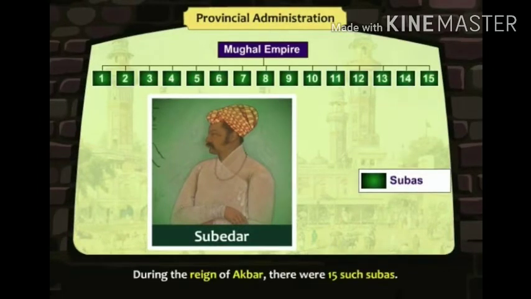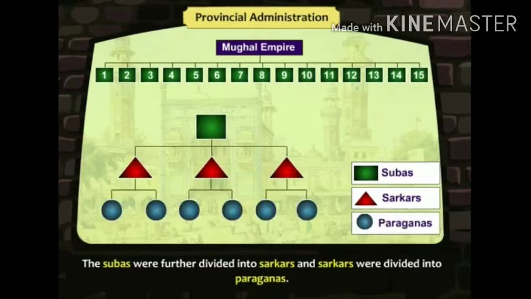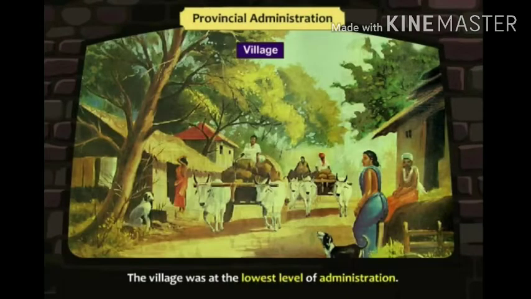During the reign of Akbar, there were 15 Subas. The Subas were further divided into Sarkars and Sarkars were divided into Paraganas. The village was at the lowest level of administration.